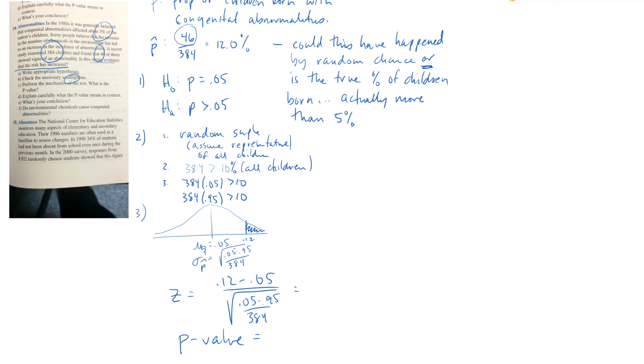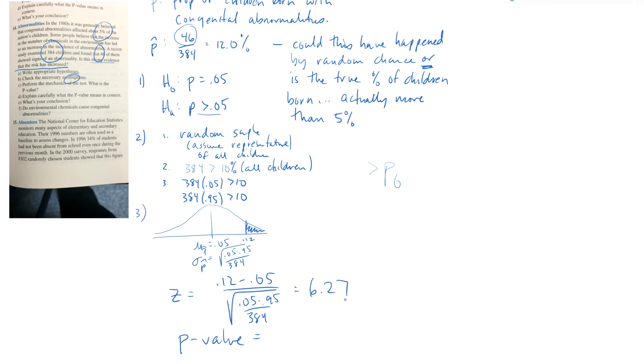And N is 384. Now for the next line, it says prop, we want it greater than P0. So that's going to be the third one over. Calculate, and I get my z-score of 6.27.